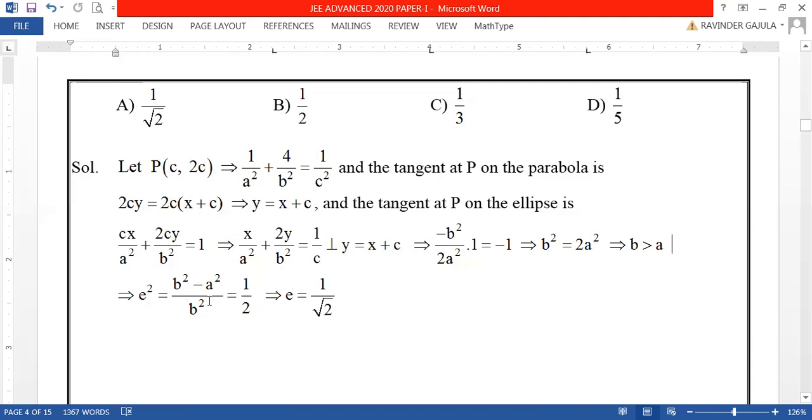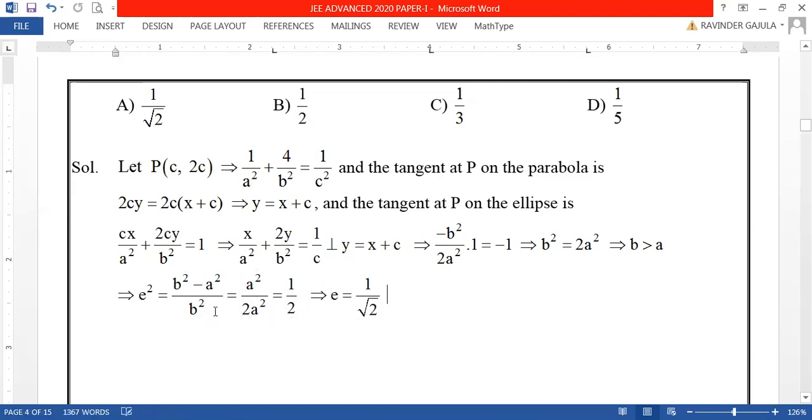A square by 2a square will be 1 by 2 only. Okay, friends?